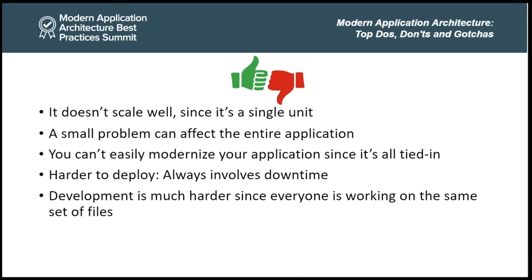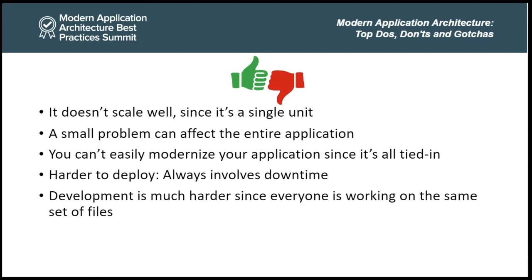Now, of course, another one, and this is not too bad, but it needs to be included here, is that development is harder because you probably are doing version control. Whether you're using monolithic or any other architecture, you should be doing version control. And when you have a ton of people, say 5 to 10 developers, all of them working in the same set of files, it can get pretty conflicting, even using version control.